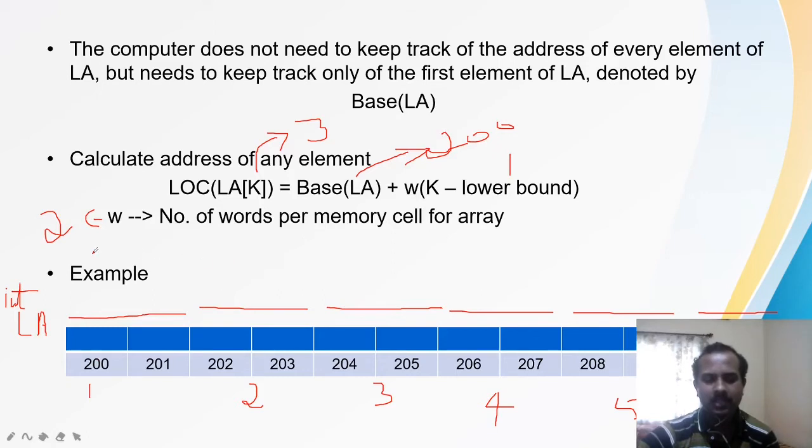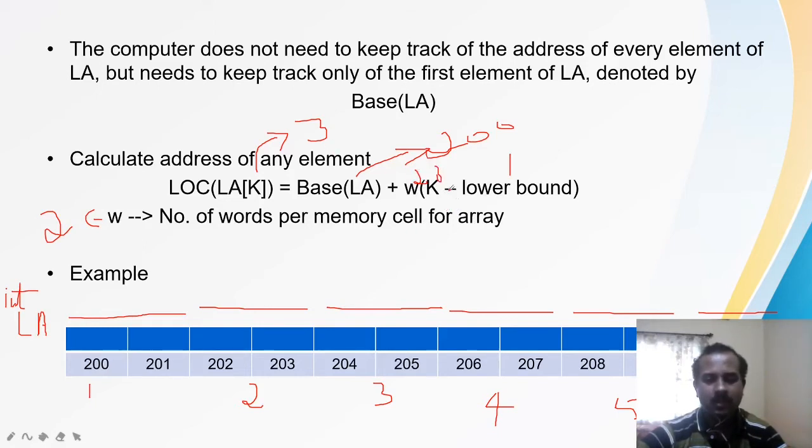I have considered word size as 2 for integer type for this program. So it is 2. What about K? K is 3.